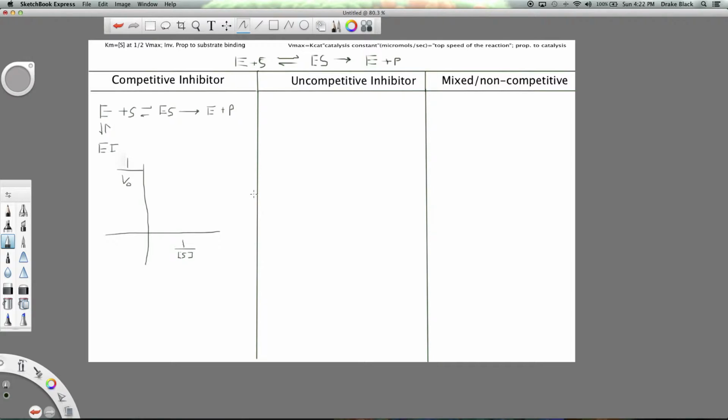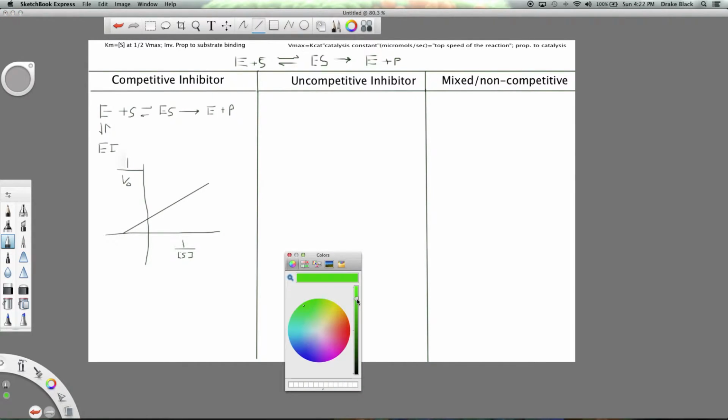And it's really nice because each inhibitor changes the graph in a certain way. So let's say we had a control right here. Let's say this is our control, and then let's get another color. Why don't we have the enzyme with the inhibitor?